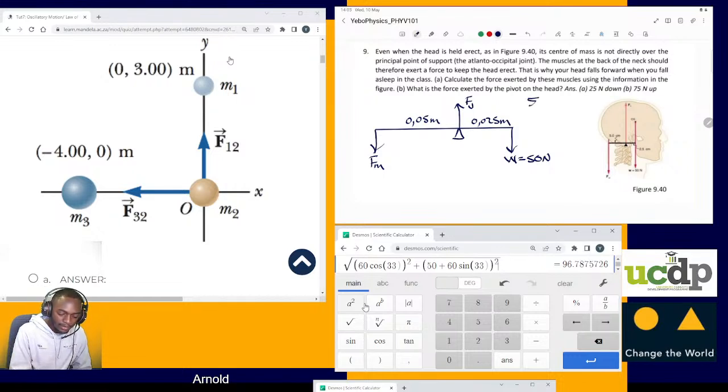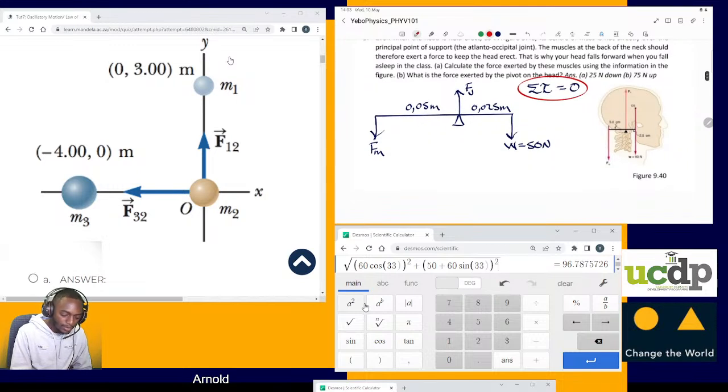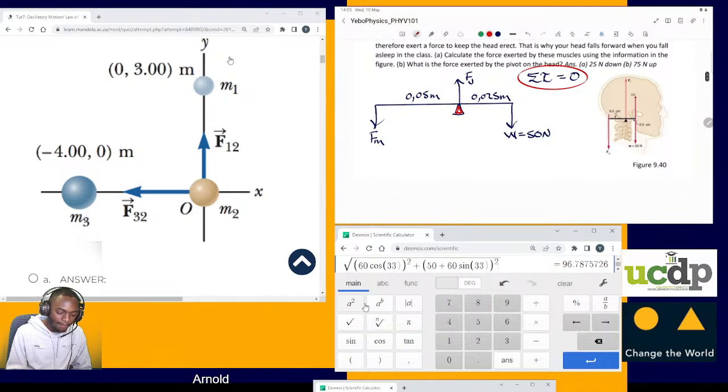So remember, sum of torque, because this is in equilibrium. So we're taking moments about our pivot there, and by so doing we eliminate the force Fj. We remain with two forces. One of them is unknown and it's apparently the one that we're looking for. Right, so our sum of torque should add up to 0.